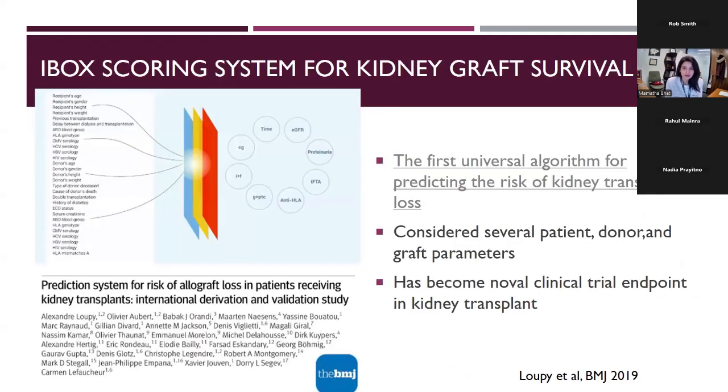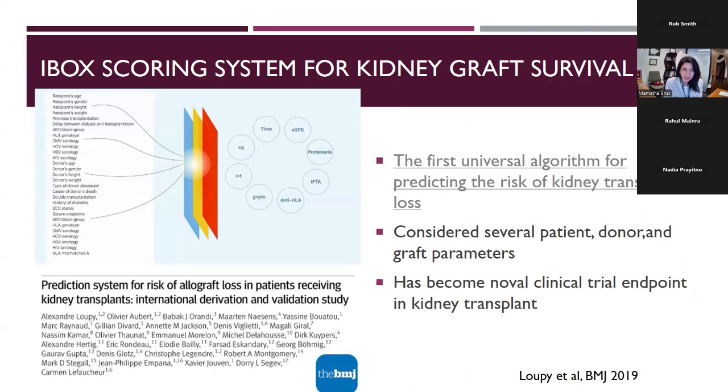Certainly, there have been various types of work in the past across solid organ transplantation. Dr. Alex Lupi has been a pioneer in big data and the development of AI tools in the area of kidney transplantation.